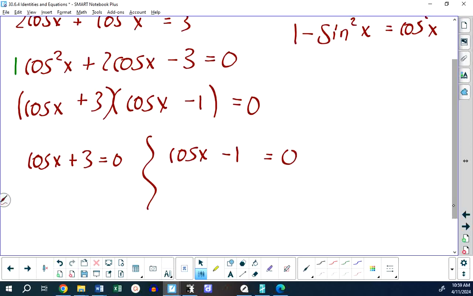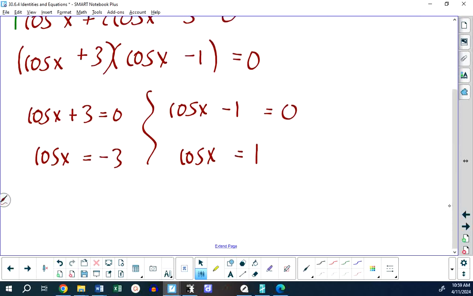I'm writing that because if it were a written response, I think you should probably write that. I think most of us just working in our day-to-day math life would probably have just gone immediately to cos of x equals -3 and cos of x equals 1. Cos of x cannot be -3. There are a number of ways for you to justify why that's not possible.